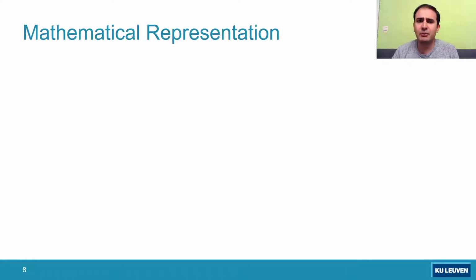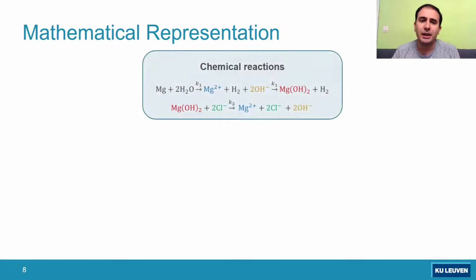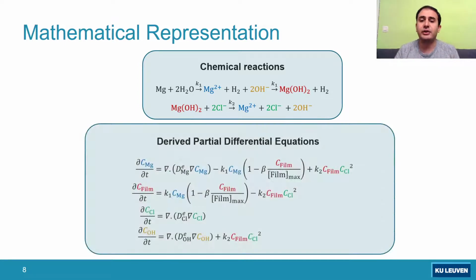In the second step, we have to construct the mathematical model. The mathematical model is constructed by converting the chemistry, the formation chemistry, to a set of partial differential equations. These partial differential equations track the change of concentration of various involved chemical species over time.